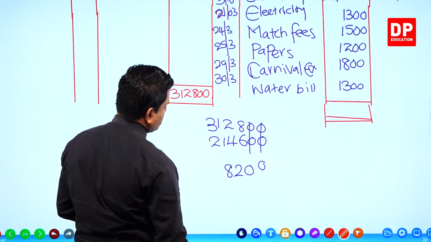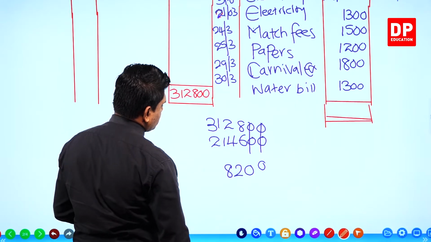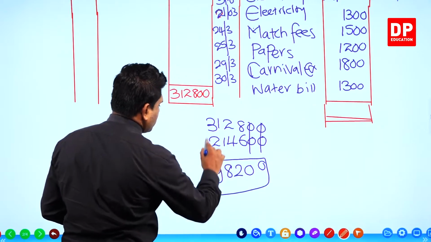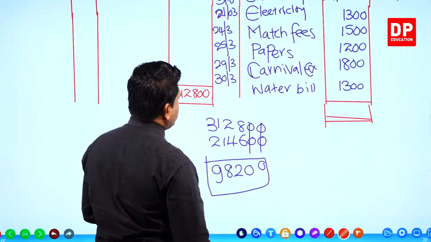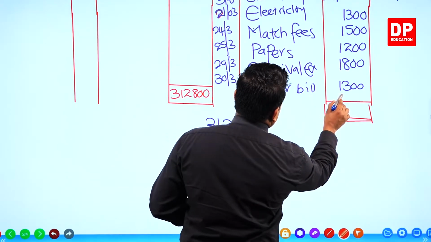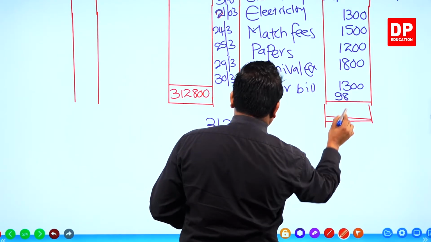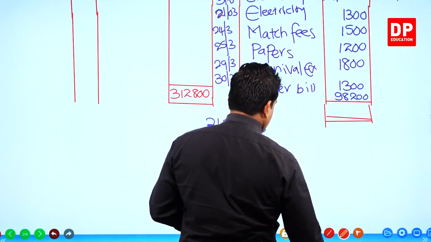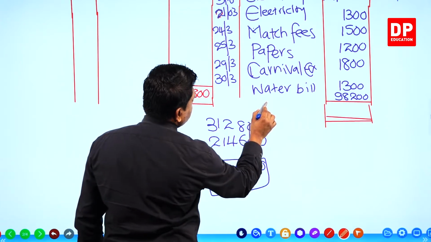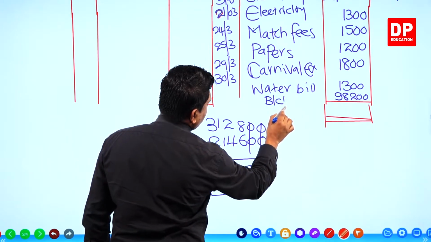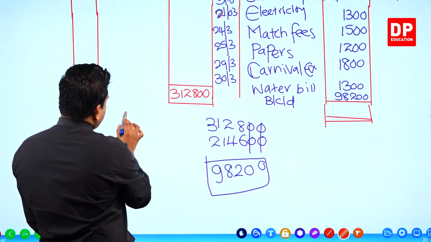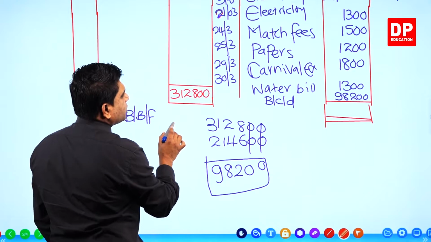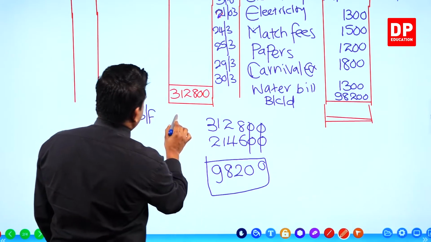Then you get the difference, 98,200 is the difference, right? You put it here, and in front of this you write balance carried down, balance brought forward, 98,200.